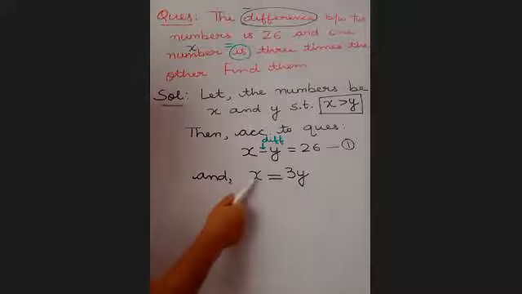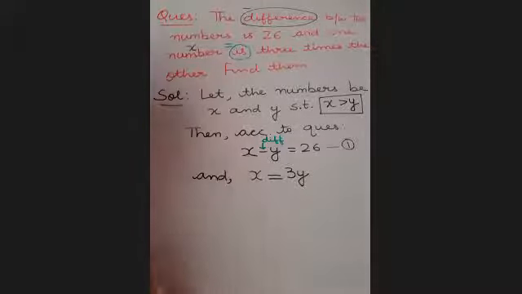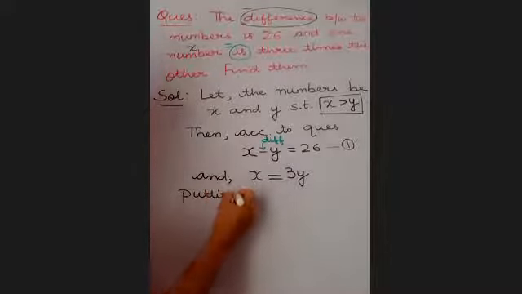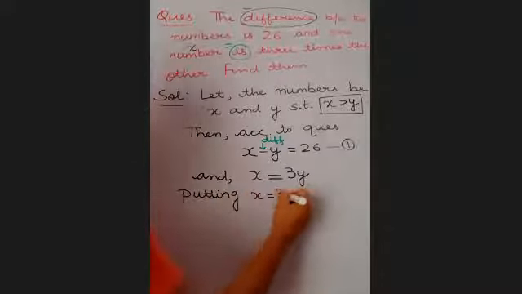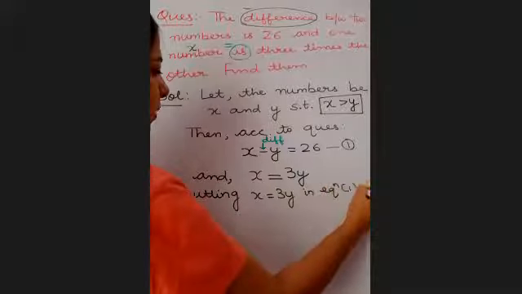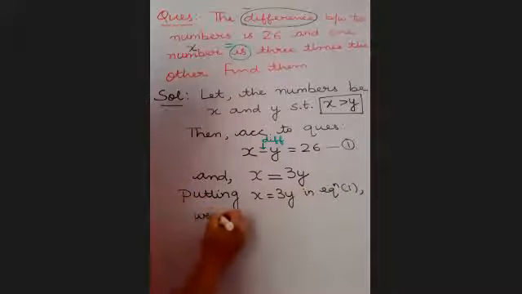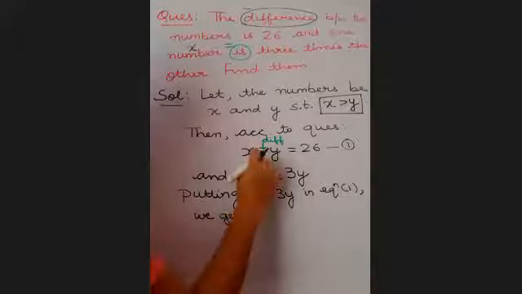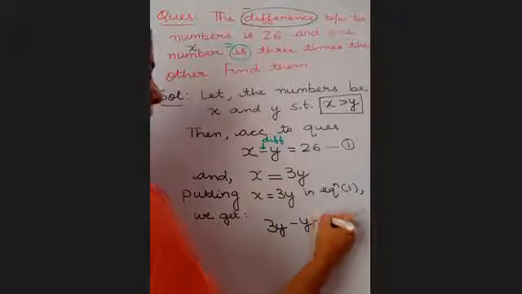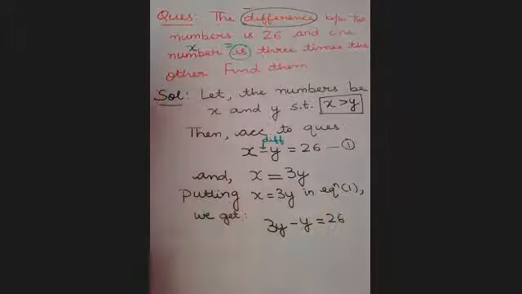Now clearly we can put X equal to 3y in equation 1 and get the value of X and Y. So put X equal to 3y in equation 1, we get 3y minus y is equal to 26.